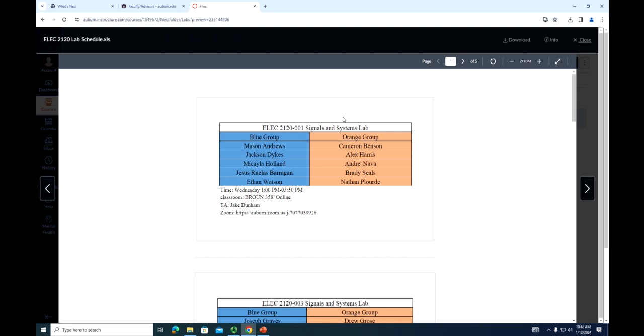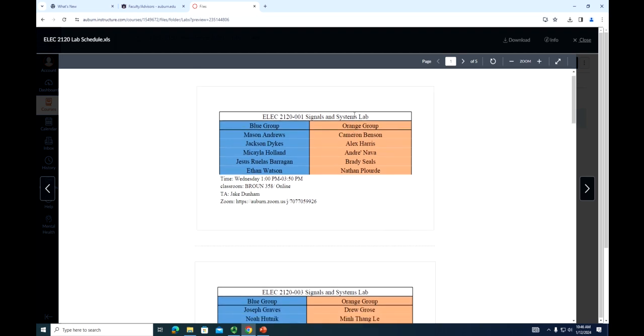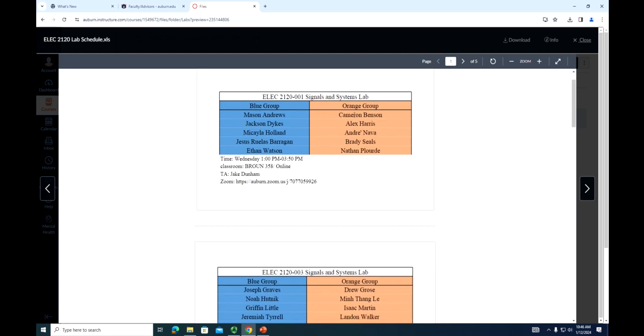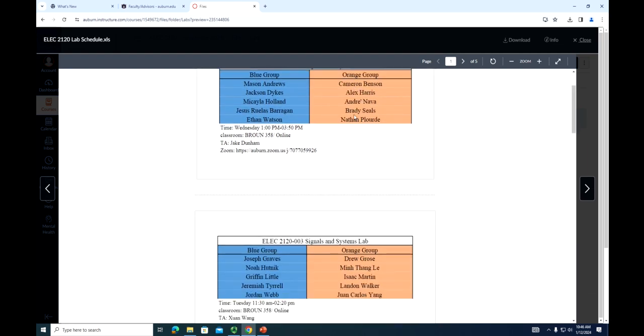Each group will have 6 students. And here is the assignment. You can check the schedule and make sure your name is in this file. If you can't find your name in this file, just send me an email or send me a message by Canvas as soon as possible.